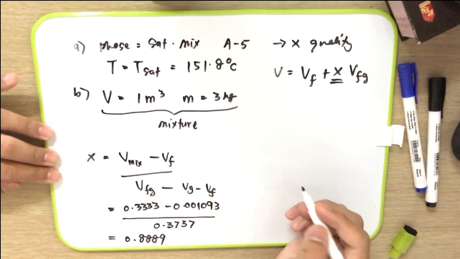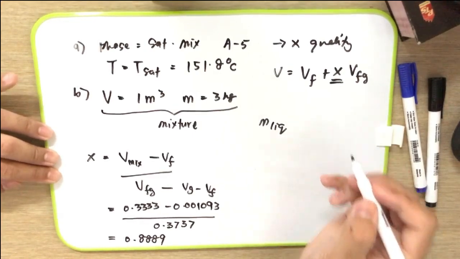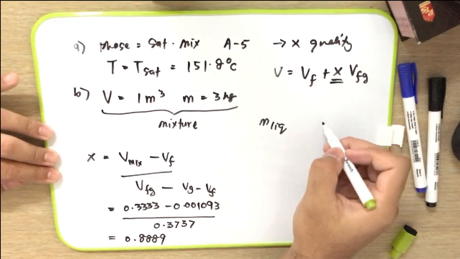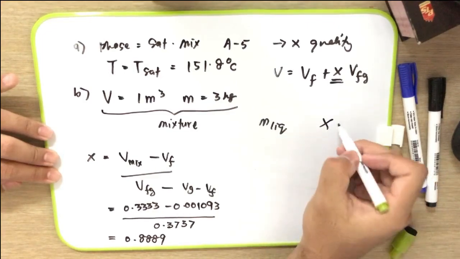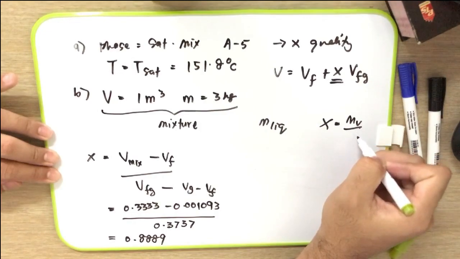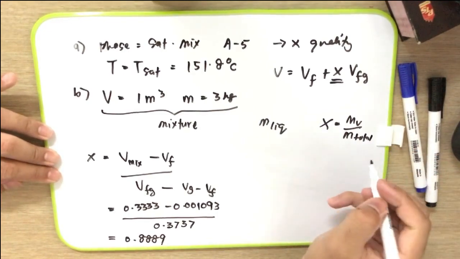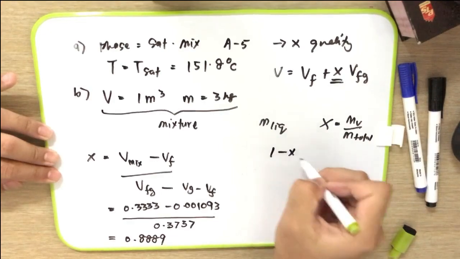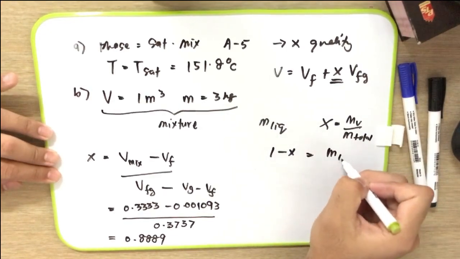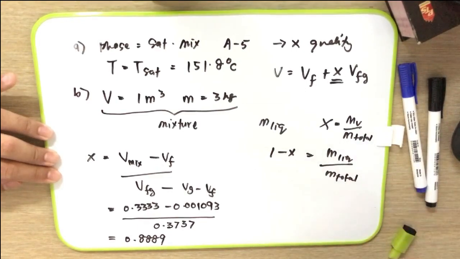In question B, we need to find the M liquid, right? By using the X equation, we know that it is equal to M vapor per M total. And you should remember that 1 minus X is equal to M liquid over M total.